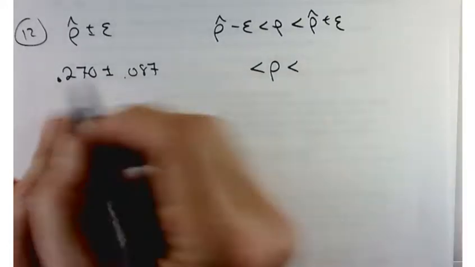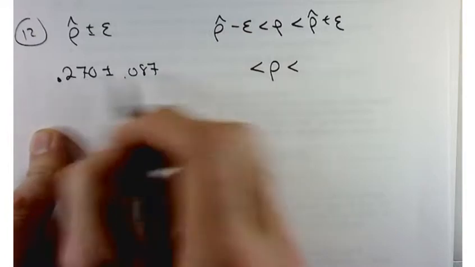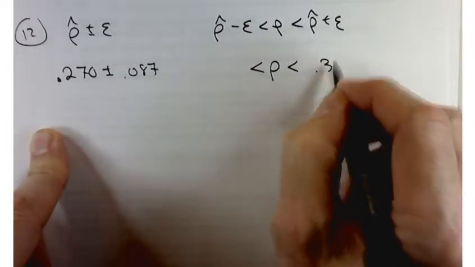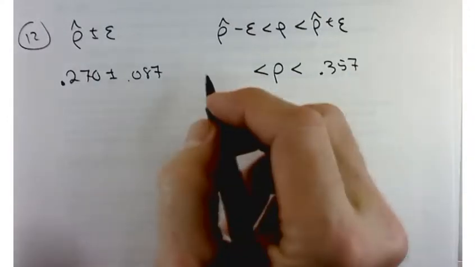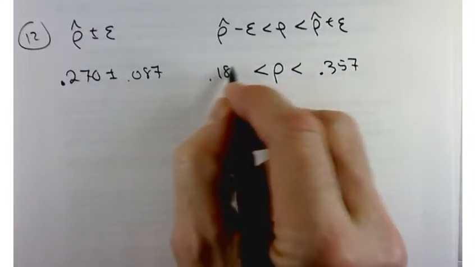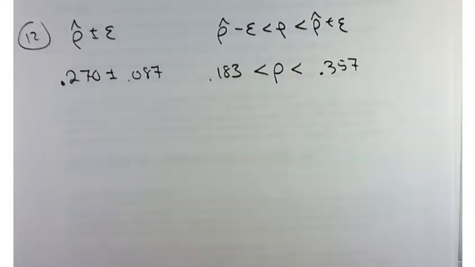So you want to take 0.270 plus 0.087 is 0.357. Good. And the other side, 0.183. Okay. Are we all right with those calculations?